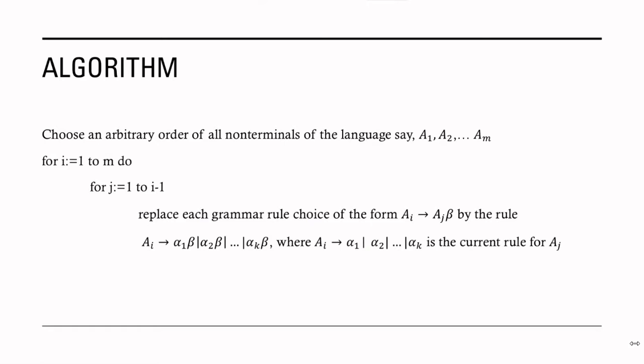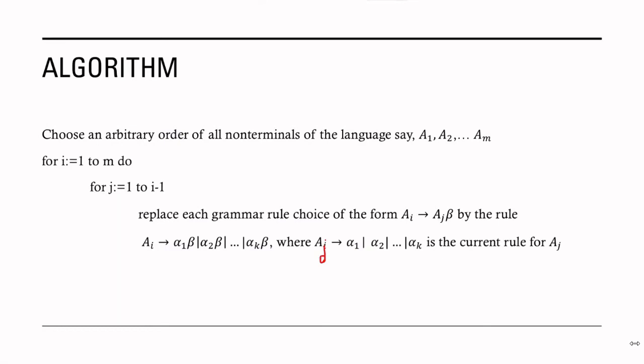So I think I have a small mistake here. Instead of AI, this should be AJ. So where AJ derives alpha 1, alpha 2 up to alpha k. So we'll replace AI derives AJ beta.